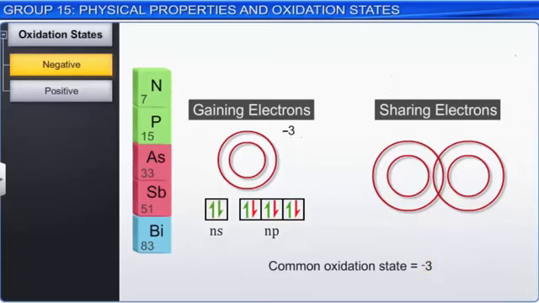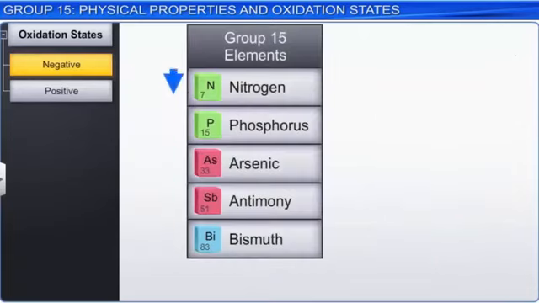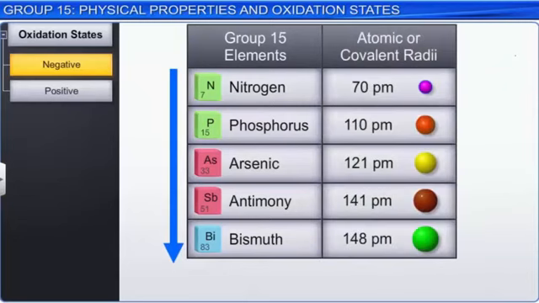However, as we move down the group, the tendency to exhibit -3 oxidation state decreases. This is due to the increase in atomic size and metallic character.